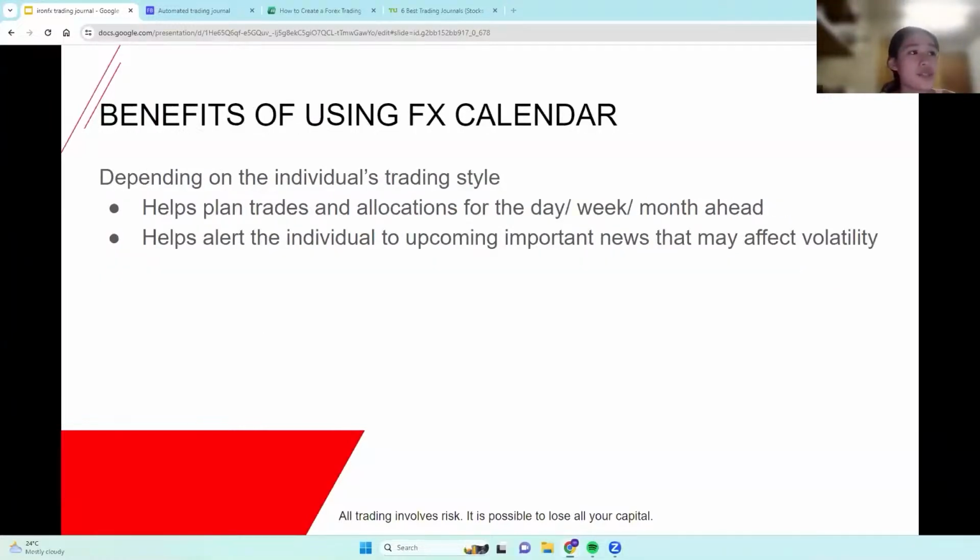Okay, so some benefits of using the FX calendar. Depending on your individual trading style, it can help to plan trades and allocations for the day, week, or month ahead. And it also helps to alert the individual to upcoming important news events that may affect volatility.